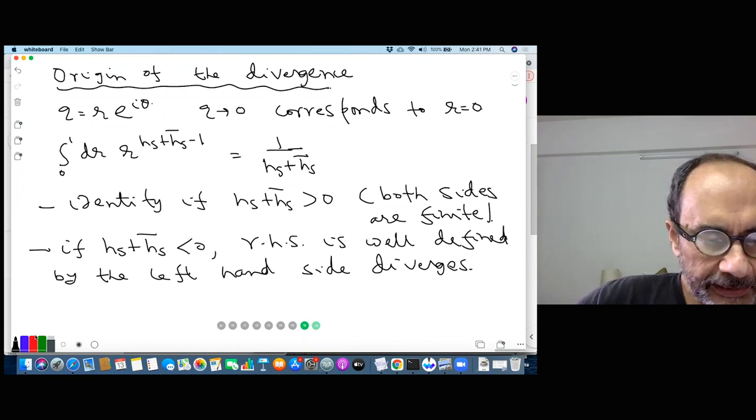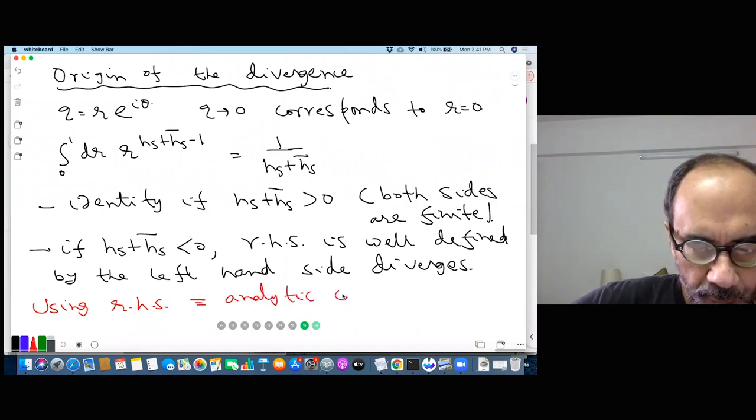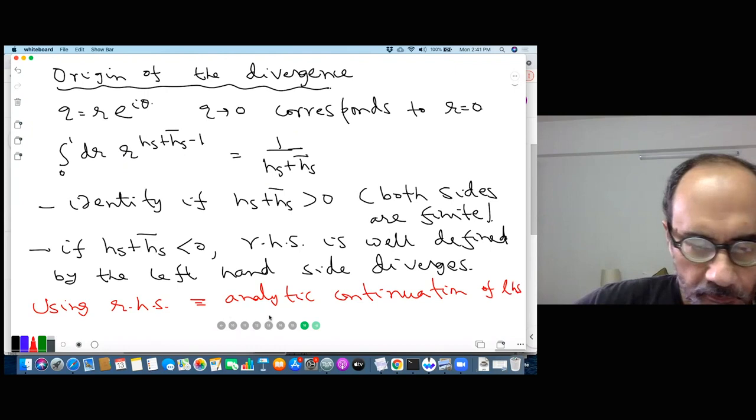Okay, so then the RHS in fact is the analytic continuation of the left hand side in this case. Using the RHS means that you use the Feynman diagram interpretation.